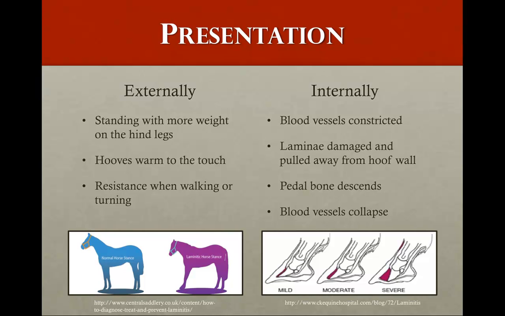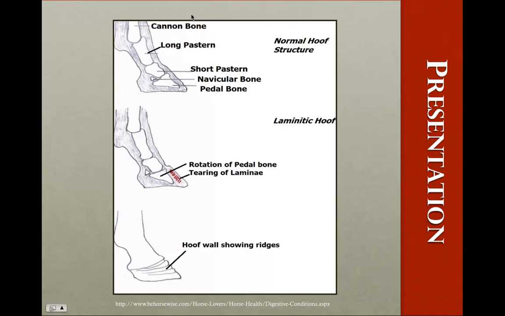As the sole becomes compressed, further crushing occurs, and ultimately the foot will become infected. Within this illustration here, you can also see further presentation of this condition. To the bottom there, you can see the hoof wall will show rings, illustrating a possible laminitic condition.